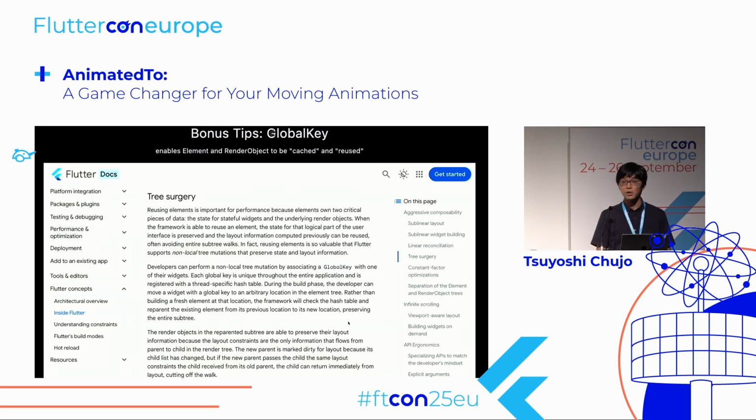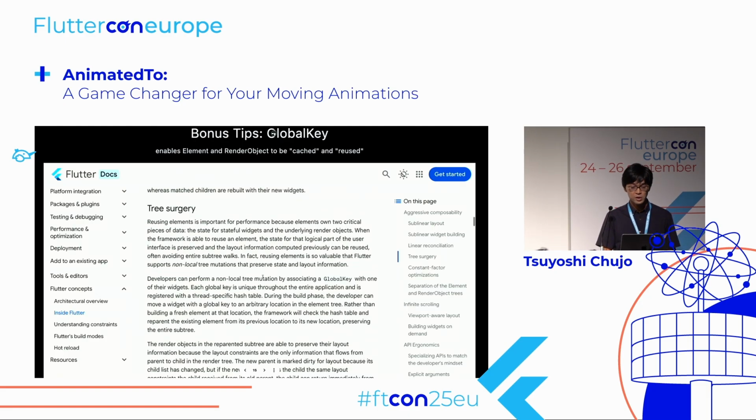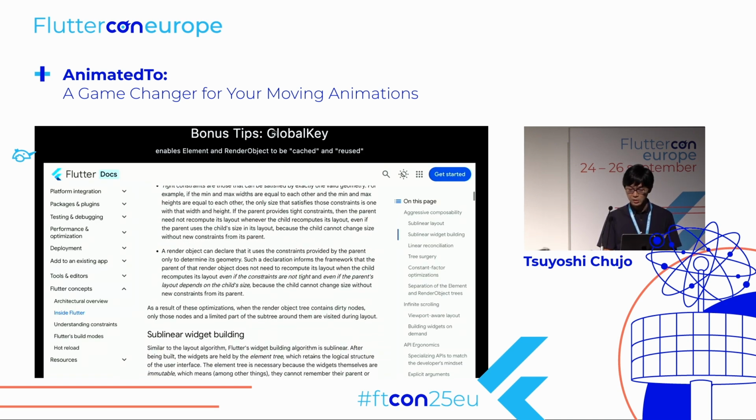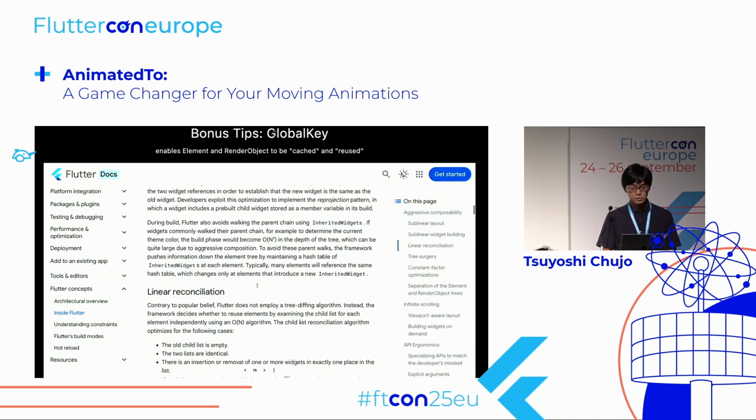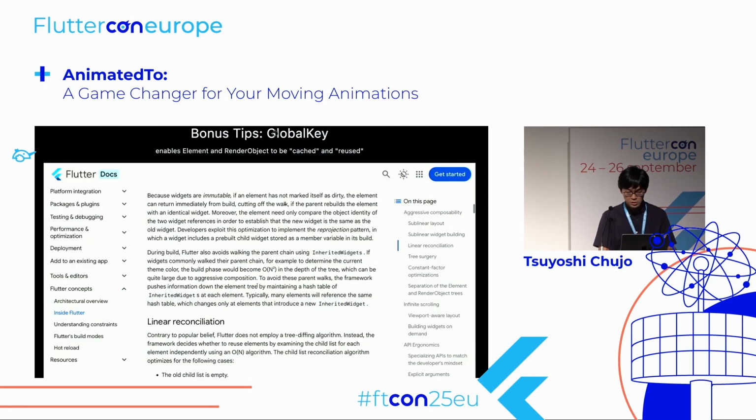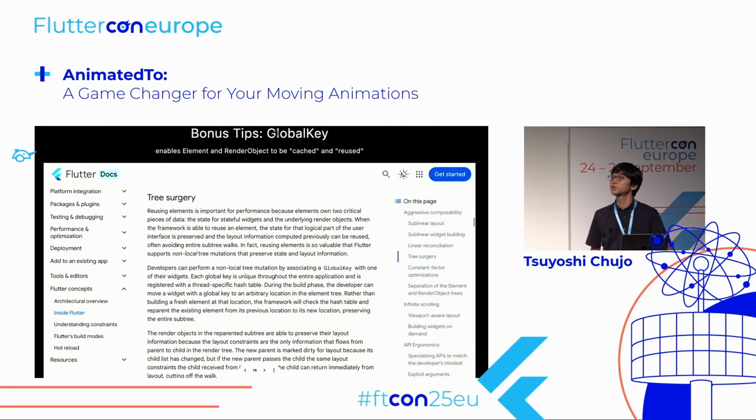But a global key has another feature that is introduced in the Flutter documentation, in the tree surgery section, where they describe that a global key preserves the element, its build context, element, render object and state during the rebuild phase.